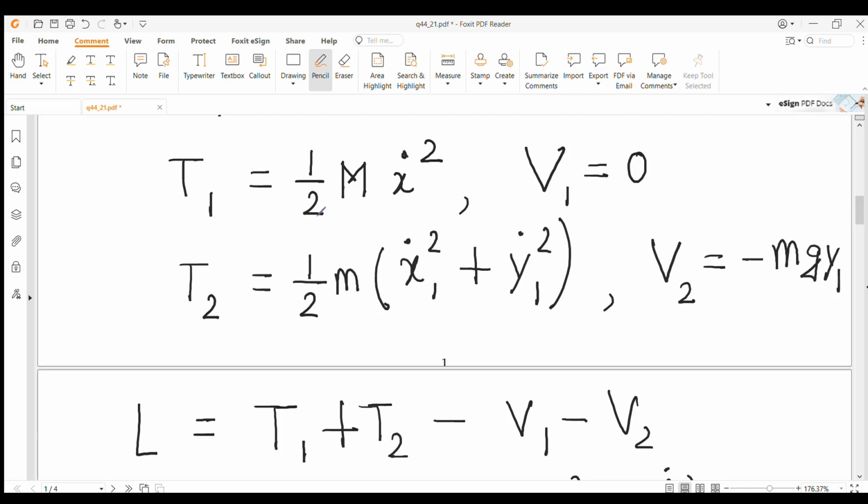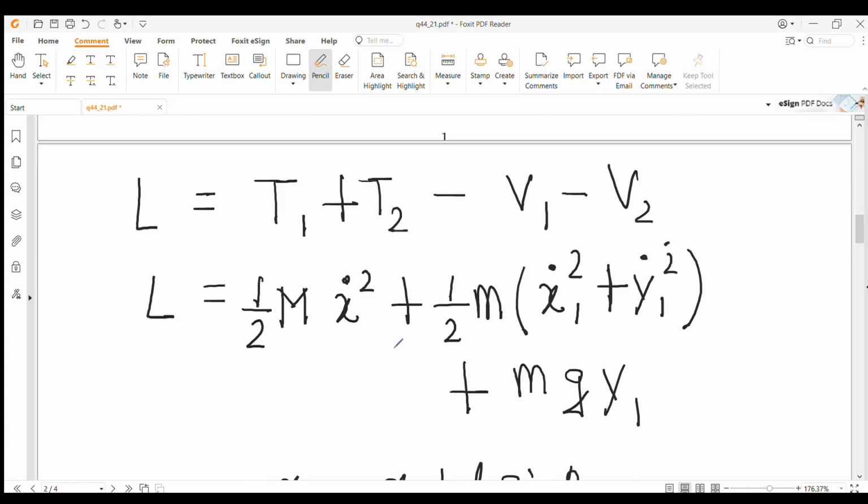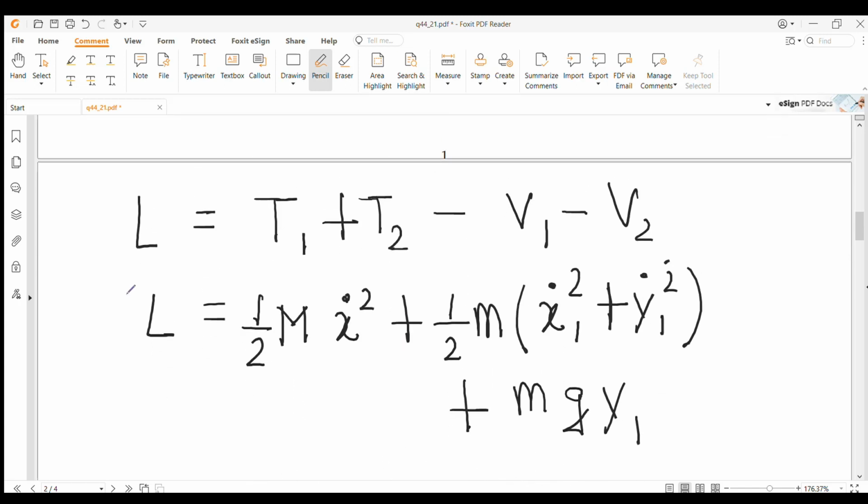Here we put the values of T1, T2, V1 and V2. Then we obtain the Lagrangian L equal to half into capital M into x dot square plus half into small m into x1 dot square plus y1 dot square plus mg y1.